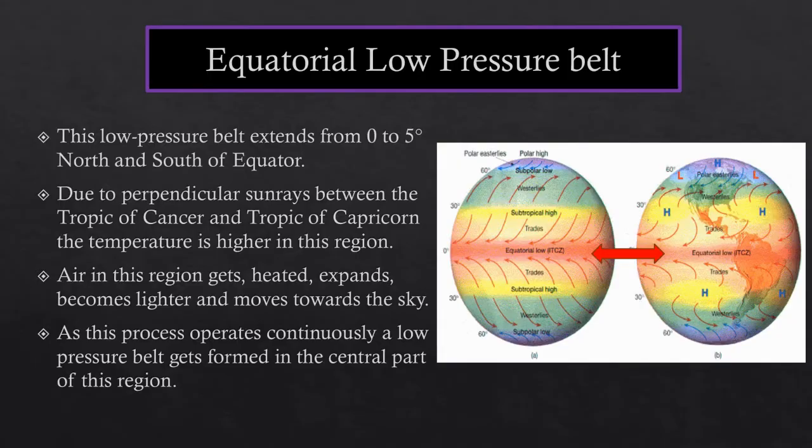Air in this region gets heated, expands, becomes lighter, and moves towards the sky. As this process operates continuously, a low pressure belt gets formed in the central part of this region.